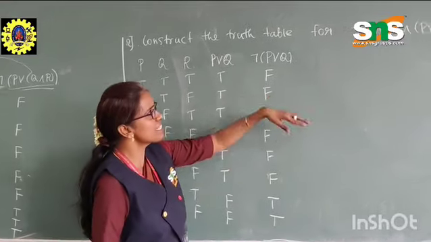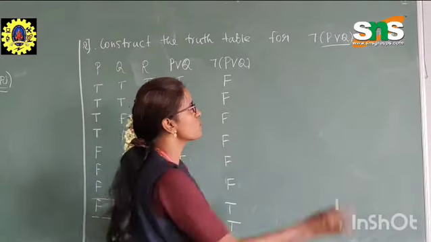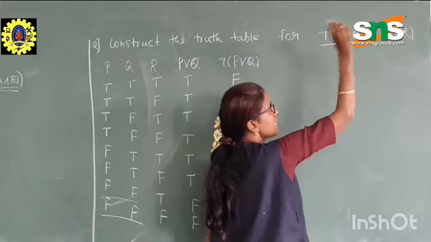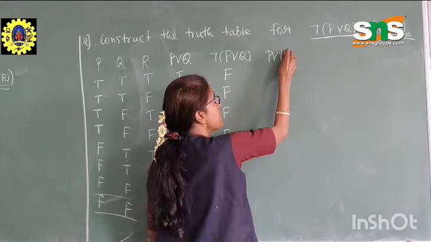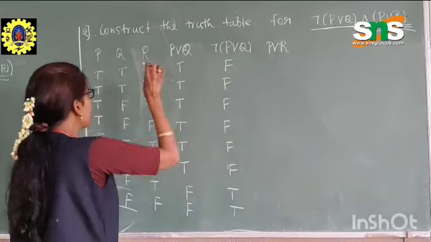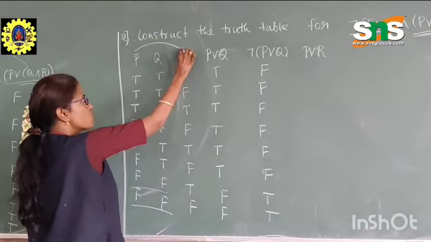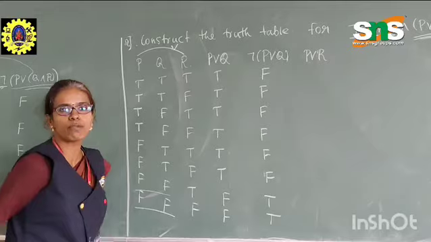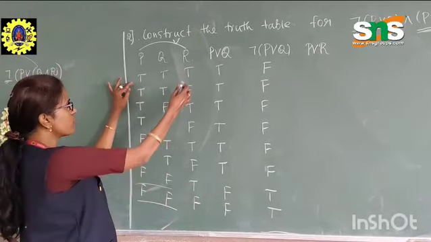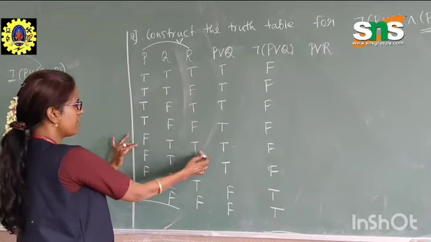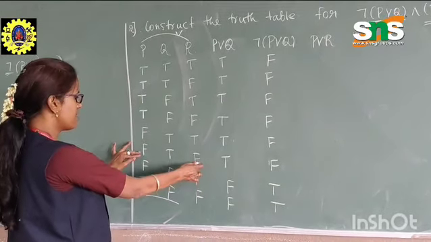The next thing is you can go for the expression. This term is over. The next column is P→R. For P and R, the implication is false only in the one case where the conclusion is false and the premise is true. So you can check where we have that.